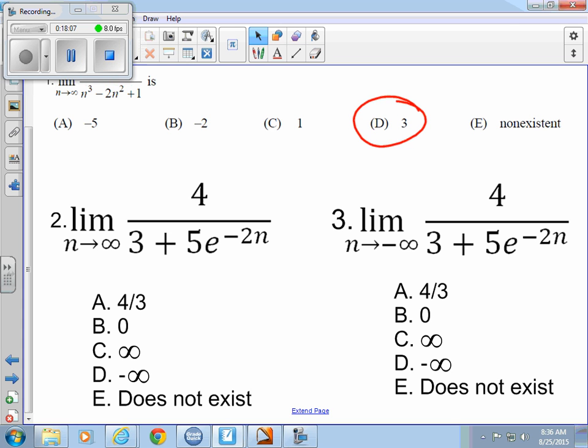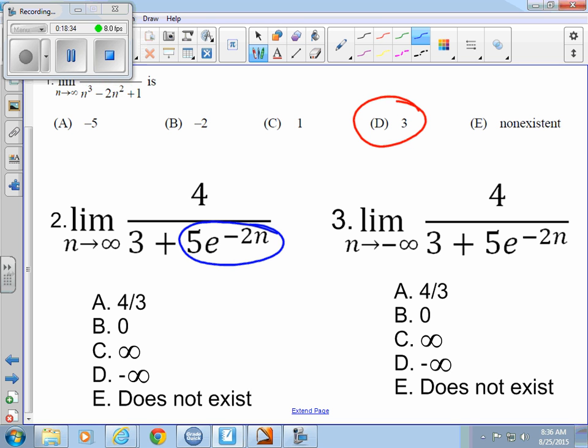If I just pretend to press a button here, and I just look at this, agree that that goes to 0? Why, if I ignore everything else, just this piece? Why does it go to 0? Really small fraction, right? 5 over e to the 2n, and as n goes to infinity, that e to the 2n on the bottom makes that piece go to 0, right?